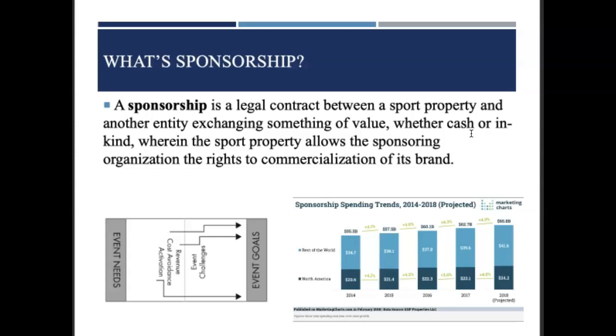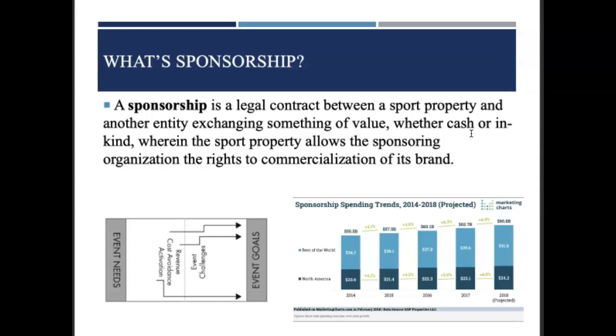So for instance, if Coca-Cola happened to be the sponsor of your event, they decided to give you possibly like 300 boxes of Coca-Cola, as the investment they put into this event. So this is called in-kind sponsors.